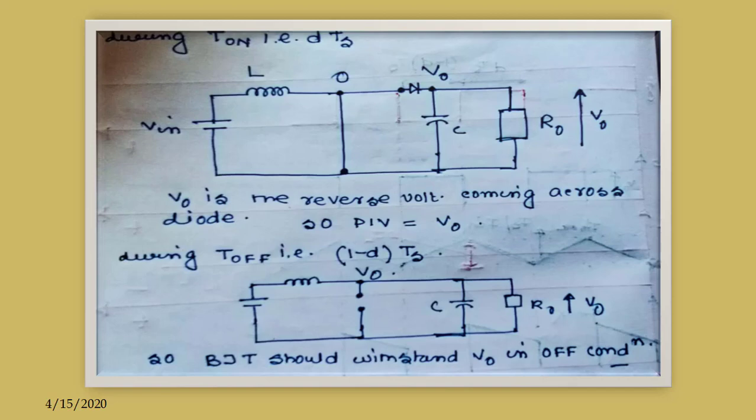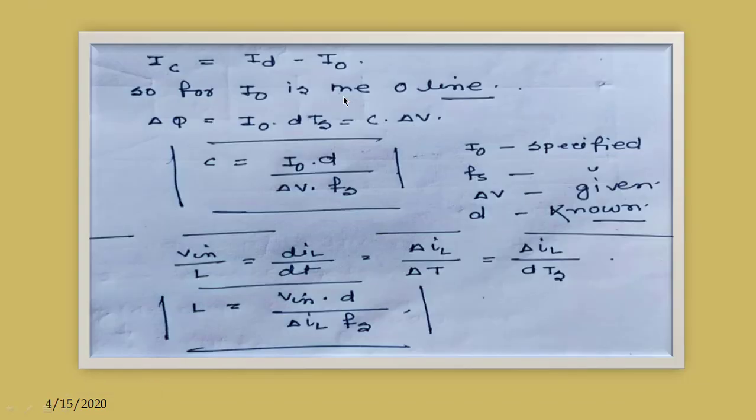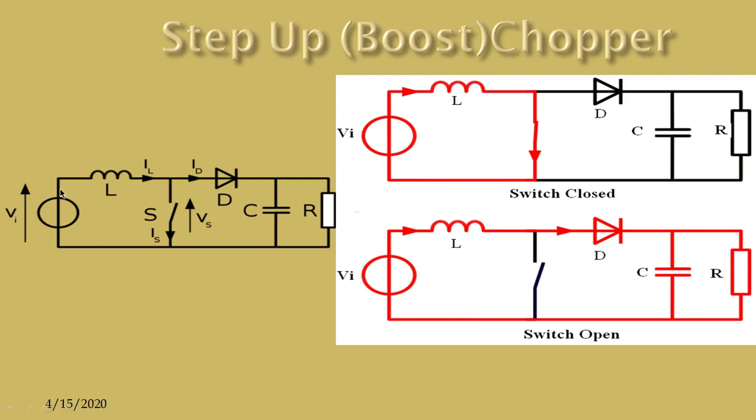So basically this pole voltage at this point P is the deciding factor for the voltage rating of BJT and diode, right?